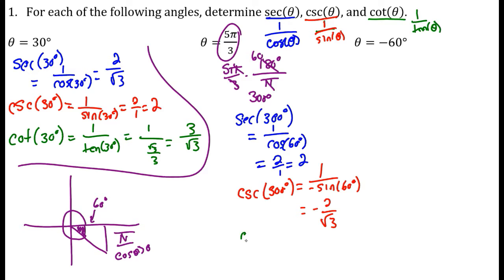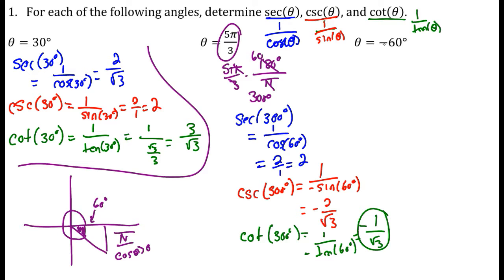And cotangent of 300, well, that's 1 over tan, or you could say it's cosine over sine. You could use that identity if you want, but let's just go 1 over tan 60. But I'm negative because I'm in quadrant 4. Tan of 60 is square root of 3, so 1 over negative square root of 3.